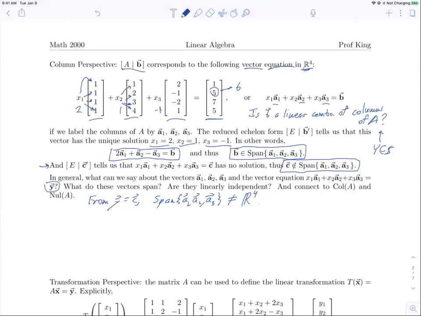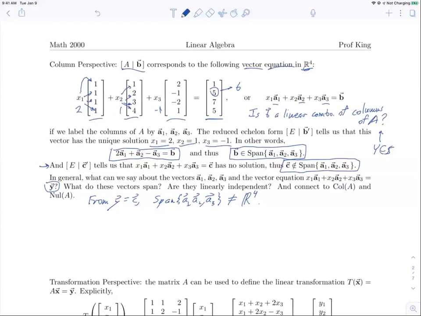It doesn't span everything because there are vectors not in the span. And we expect that now. We've gotten enough into dimension considerations to know that if we have 3 vectors, there's no way they can span all of 4-dimensional space. Just like 2 vectors in 3-dimensional space could only span a plane at most, 3 vectors in 4-dimensional space can't possibly fill up all of 4-dimensional space. So that's an expected outcome. We could be a little more specific about what they span, but the point is it's not all of R4.